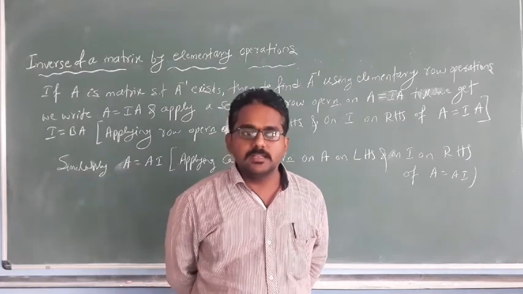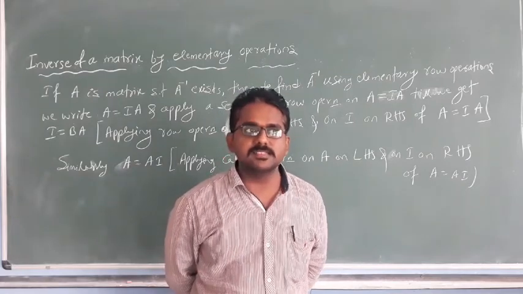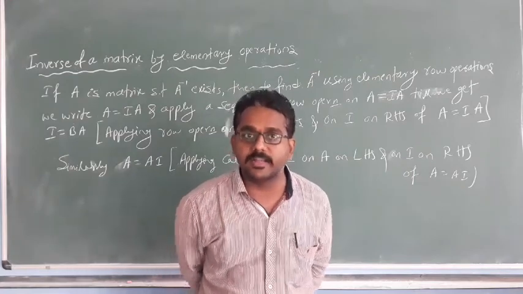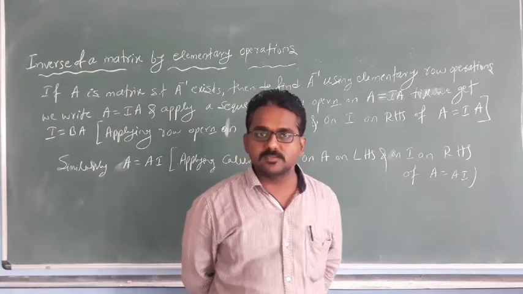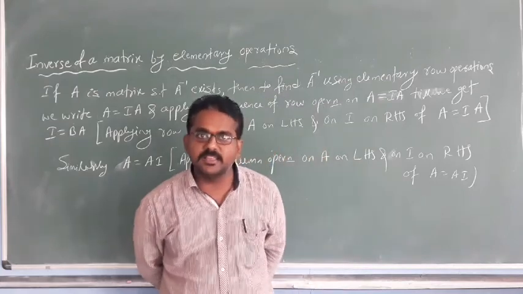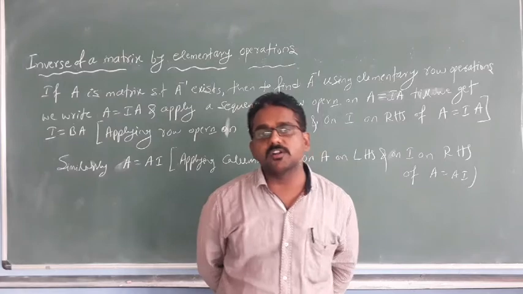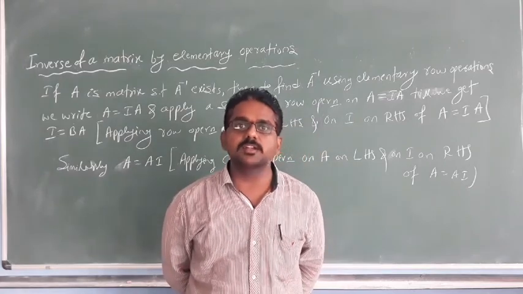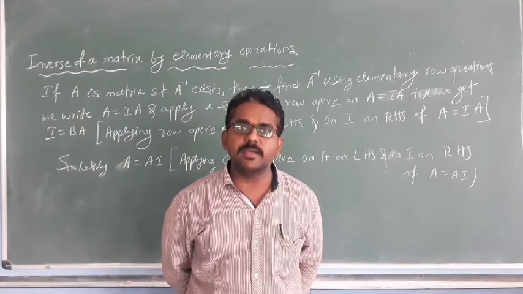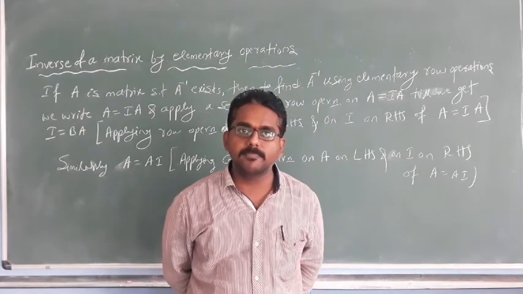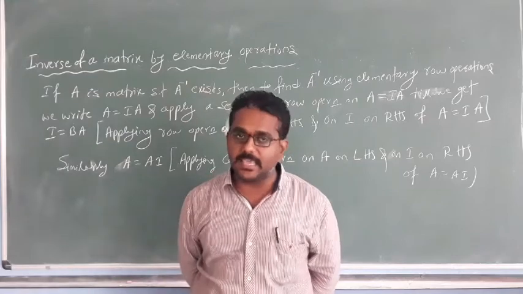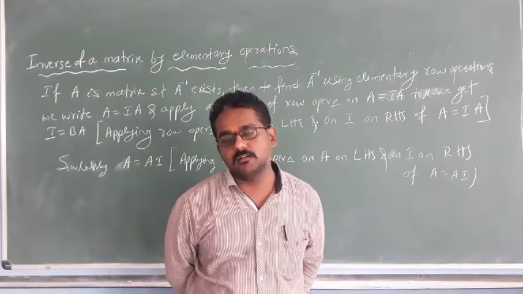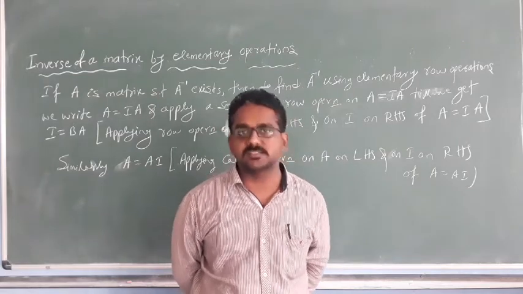The inverse of a matrix exists for a square matrix, not for a non-square matrix. If A is a square matrix of order m, and there exists another matrix B of order m such that the products AB and BA give the identity matrix of order m, then we say B is the inverse of A, or A is the inverse of B, vice versa.